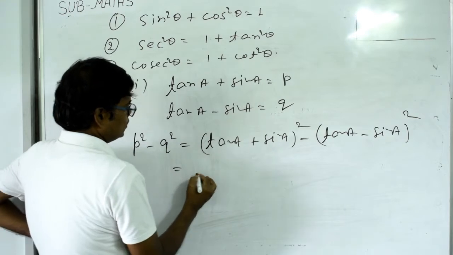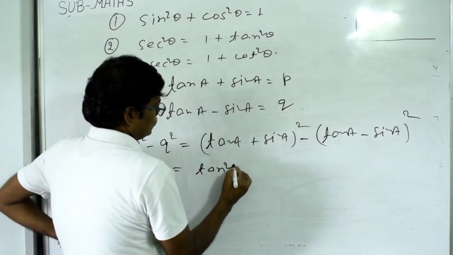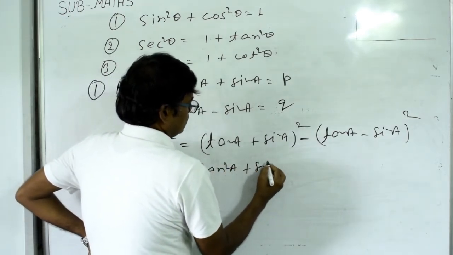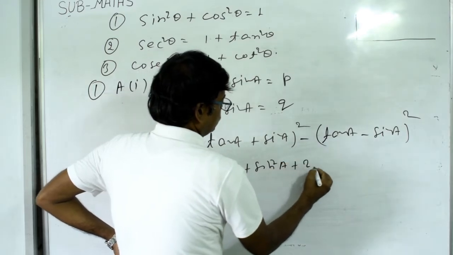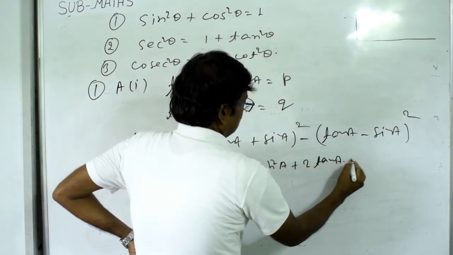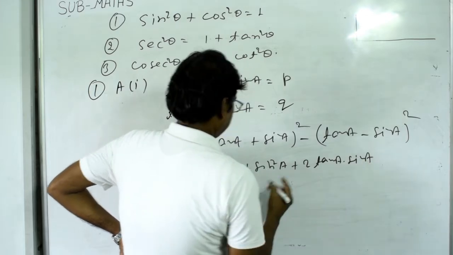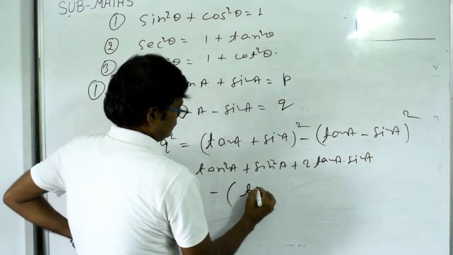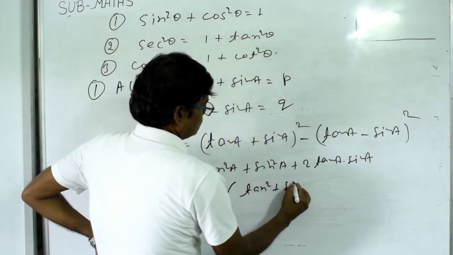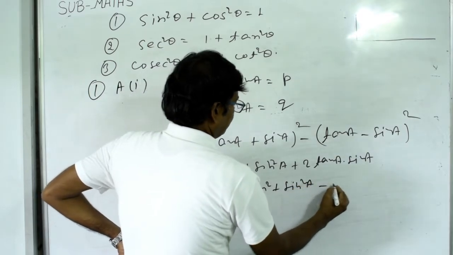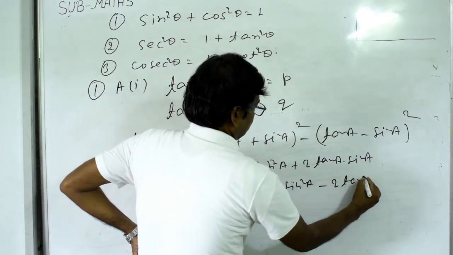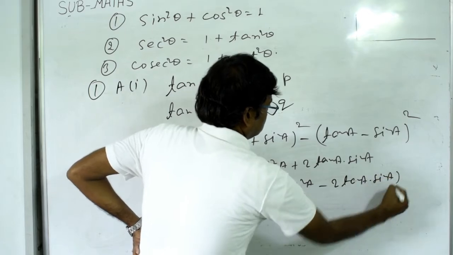Then simplify this: it will be tan square A plus sin square A plus 2 tan A into sin A, then minus tan square A plus sin square A minus 2 tan A into sin A.